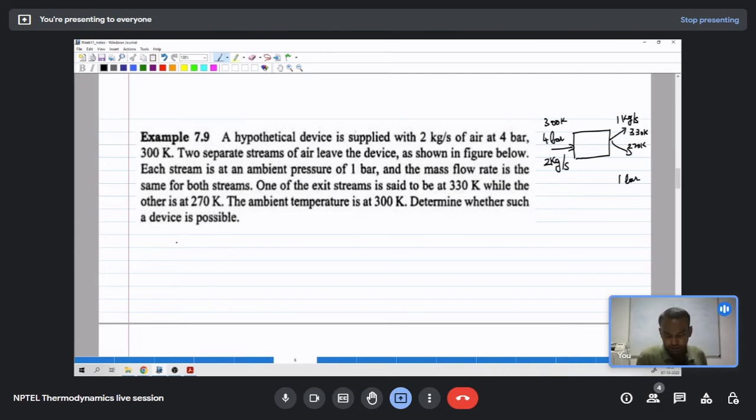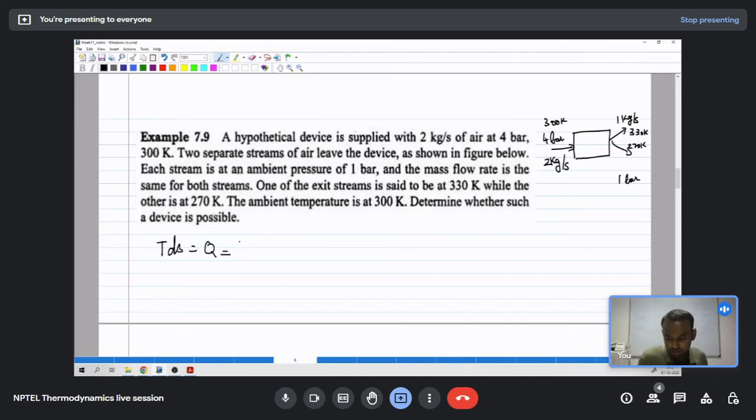So to calculate entropy change for this, we have TdS is equal to Q, and we know Q is delta U plus W. For this system we need to write in terms of enthalpy, so I will directly write the enthalpy expression.